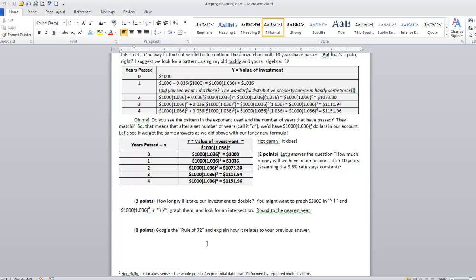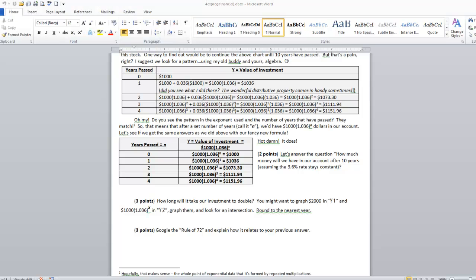The rule of 72 is a pretty slick little thing. If you take the number 72 and divide it by the interest rate, whatever percentage rate your account is earning, if your account stays at that rate, the number you get out as a result is how many years it will take for whatever amount of money you put in to double.